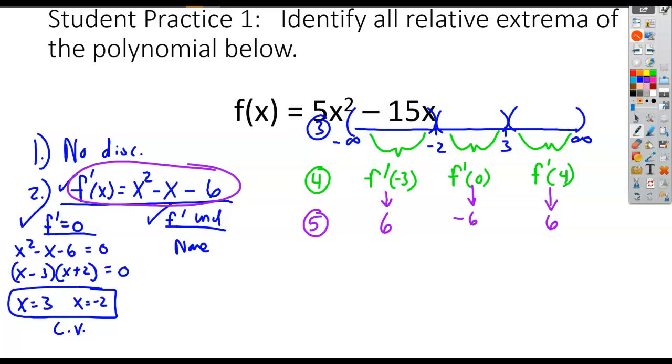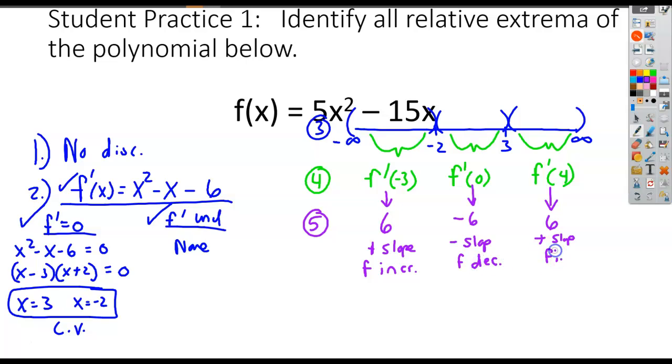Now, part of step 5 is to also interpret these results, which I haven't done yet. So this is a positive slope, this is a negative slope, and this is a positive slope, which means that f is increasing here, f is decreasing here, and f is increasing on this interval.